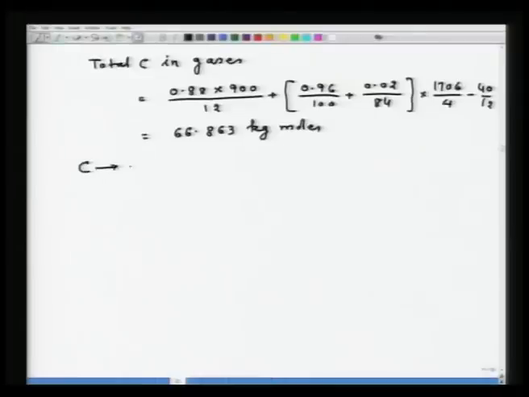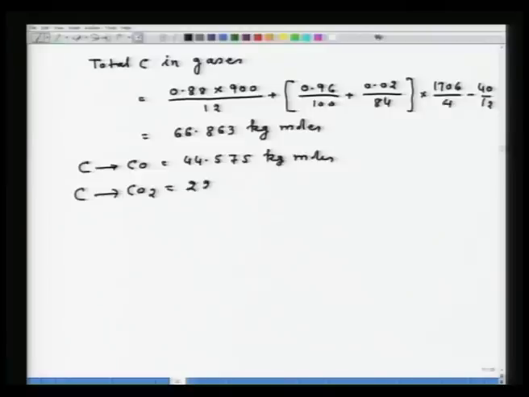So, C to CO will be equal to 44.575 kg moles, and C to CO2 will be equal to 22.288 kg moles.